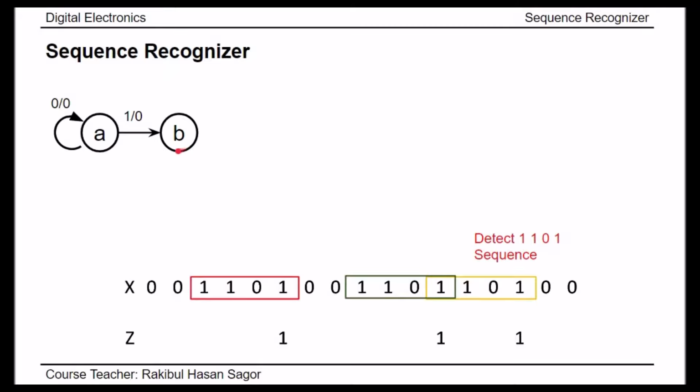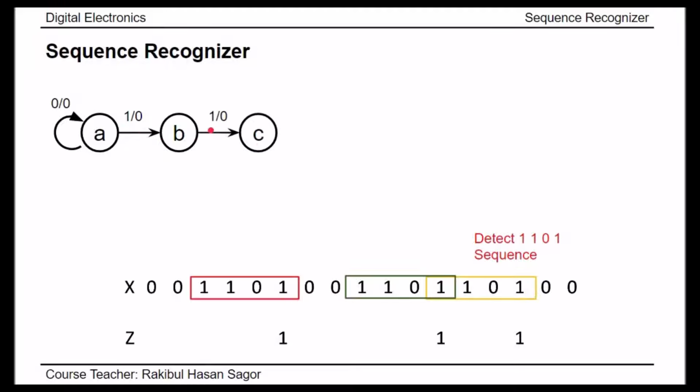Whenever we are in state B, it's confirmed that the previous value was 1. Now we have got 1, 1, and we are at B. If we get our second 1, then we'll keep that in memory, and if we want to keep something in memory, we'll go to the next state, that is state C.